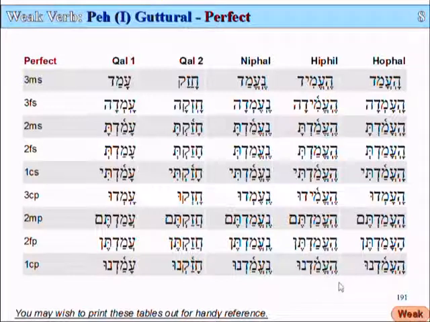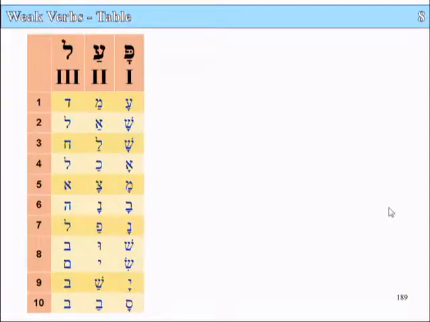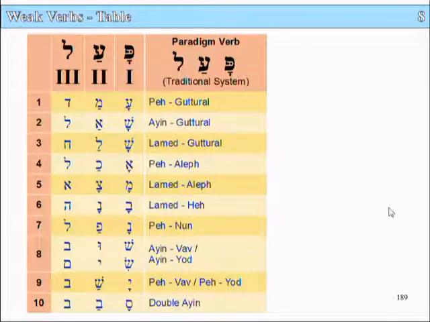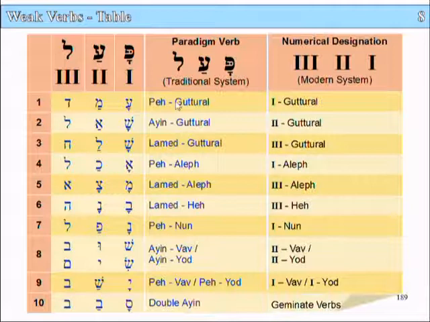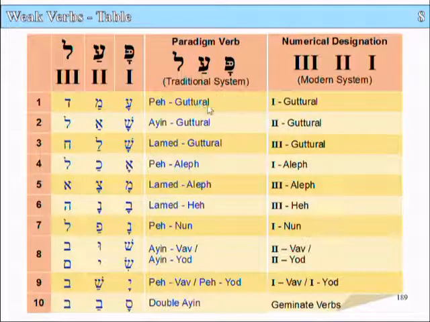Again, if you would like to refer back to the table that we had back on slide 189, you can see all these tables, all these classifications here, and there's usually 2 or 3 tables for each one of these, a perfect and an imperfect, and then the imperatives and jussives and so on and so forth.